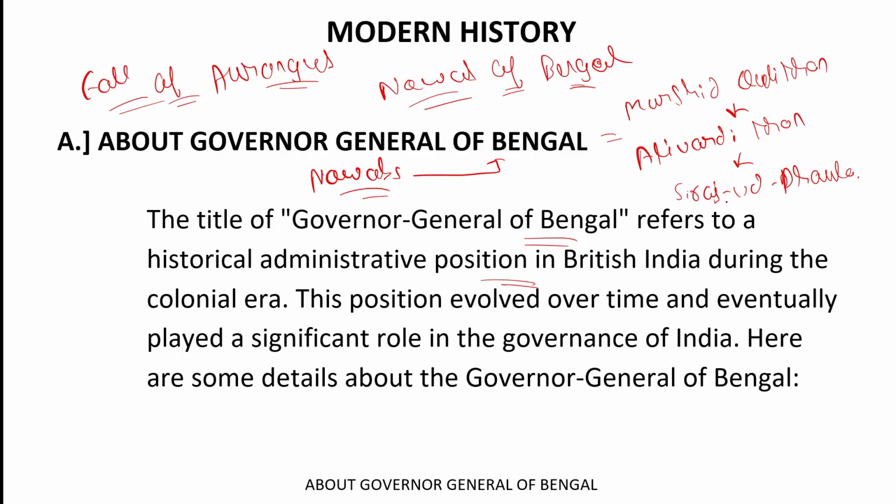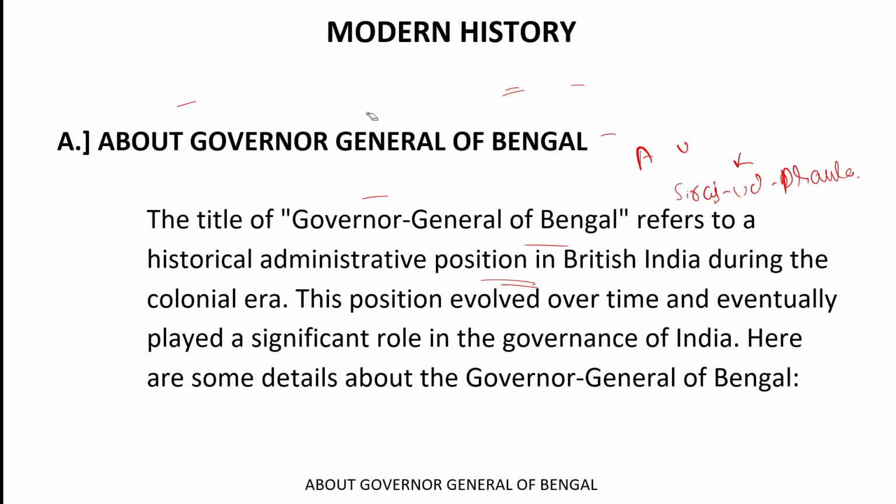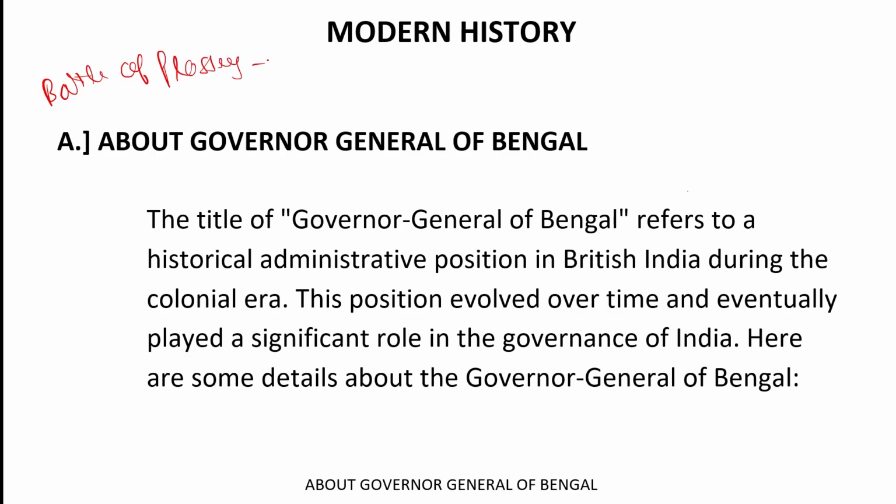He fought a battle with the Britishers, famously known as the Battle of Plassey in 1757, in which Sirajud-Dowla lost. Eventually he got defeated.